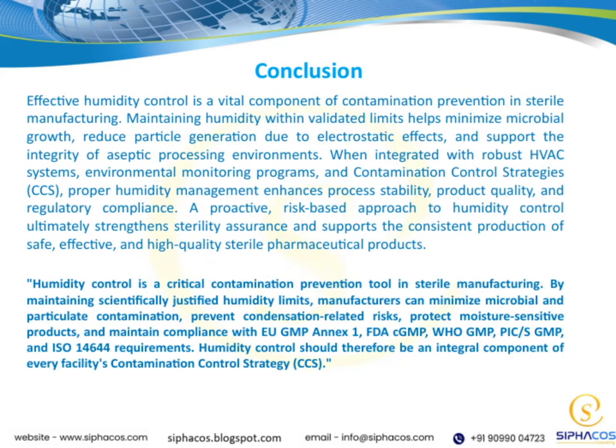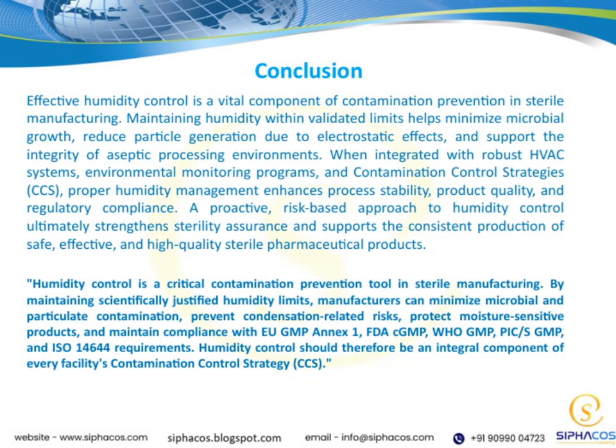Humidity control plays a crucial role in keeping sterile manufacturing environments clean and safe. By carefully maintaining humidity within scientifically set limits, we can reduce the risk of microbial growth and prevent particles from contaminating products. It also helps avoid condensation issues and protects moisture-sensitive materials.